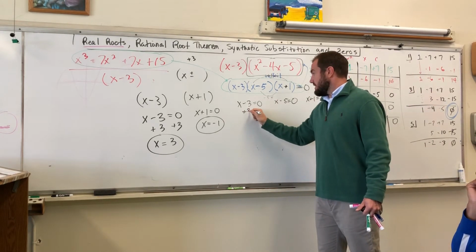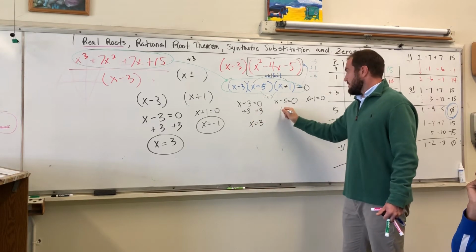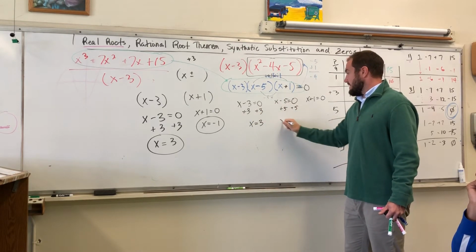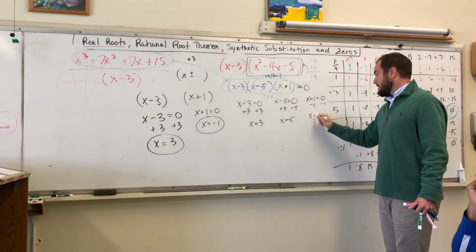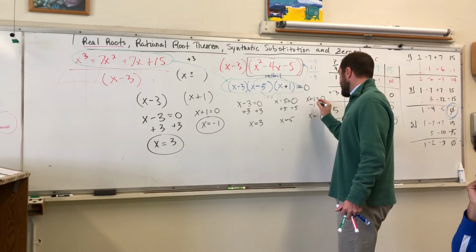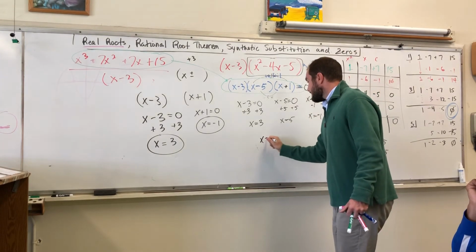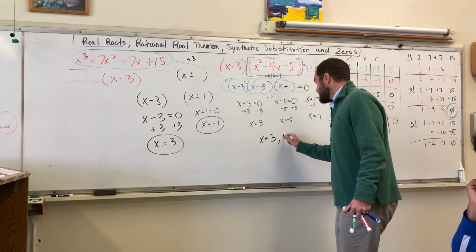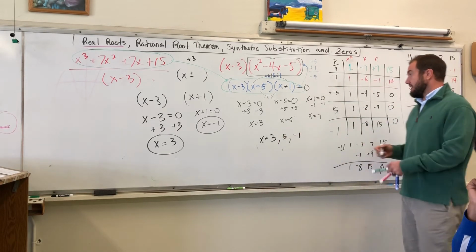You have the plus 3, x is equal to 3, plus 5, x is equal to 5, minus 1, x is equal to negative 1. So my roots are 3, 5, and negative 1.